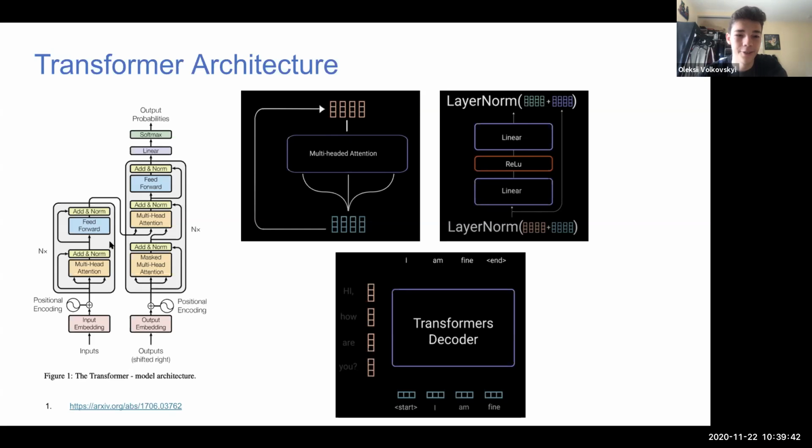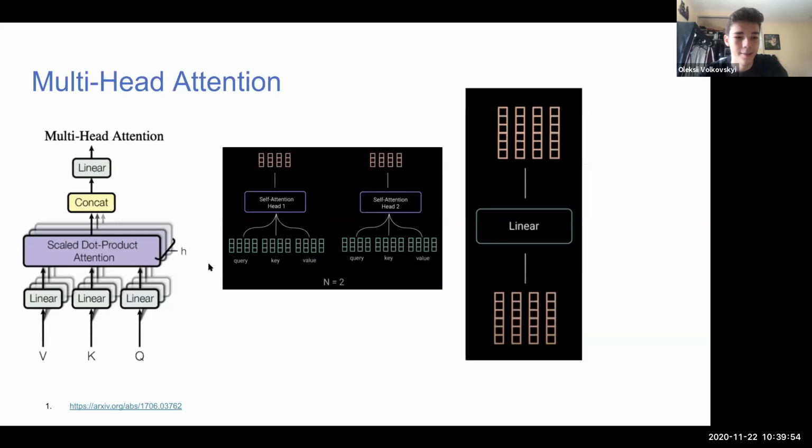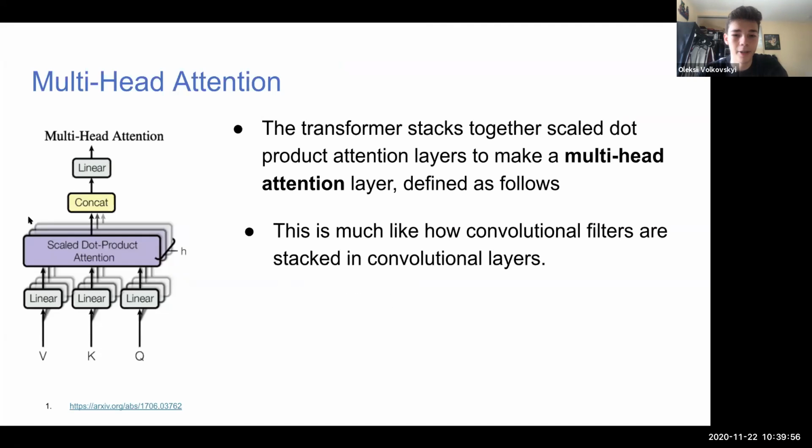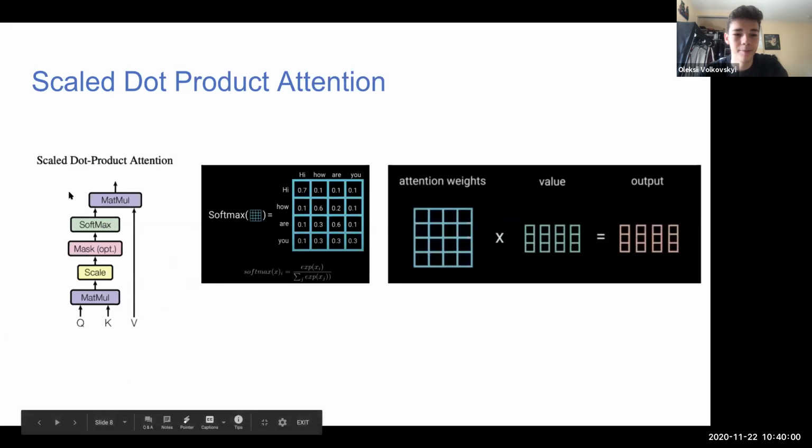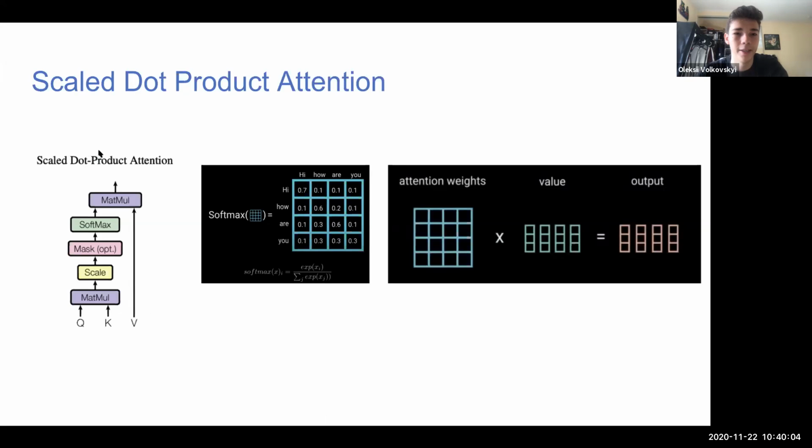And then you also have a regular feed forward network, just to allow it to have a deeper representation, because as you saw, the scaled dot product attention itself doesn't compute any deep information. All it does is multiply the value by a mask, right?